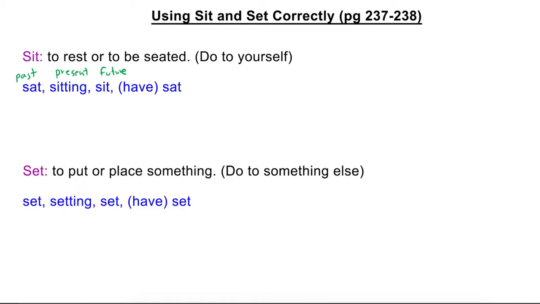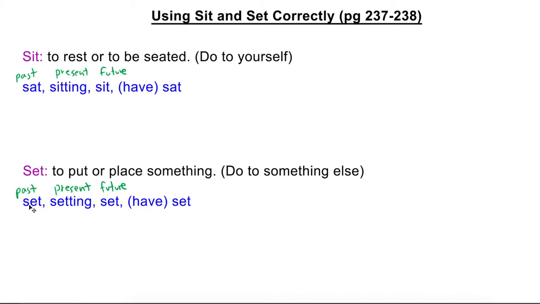Okay, next word is set. To set means to put or place something, something you do to something else. The different forms of set: the past tense is set, present is setting, future tense is set, so similar to the past tense. And to show you have experience, you would say have set, whatever helping verb you want to use, and you have to use set.